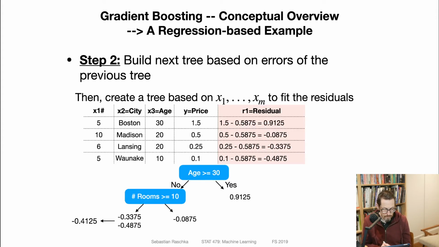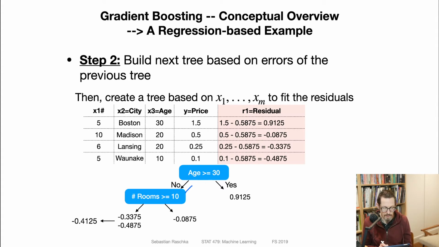Okay? So if we start splitting, now at this point with the next tree, we can split. We can say age is less than 30, maybe. If the age is bigger than 30, we go this way. Oh, no and yes, right? You're making my life easy.